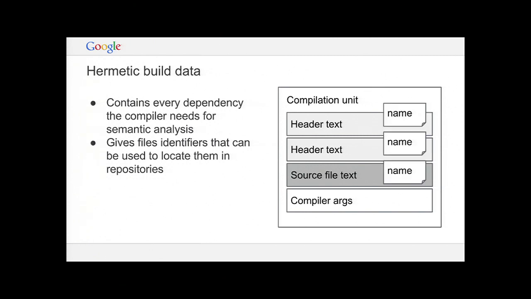This is really important because it means that after you get your compilation units, your tools no longer need to understand how to get to your source repositories. Furthermore, because all of the necessary resources are packaged together, these are really easy to pass around. In fact, we found that it's useful to use these for doing other kinds of static analyses that go beyond our simple cross-reference generation. So our tool isn't the only tool that consumes these at Google. Other teams have produced other tools that use the same infrastructure.